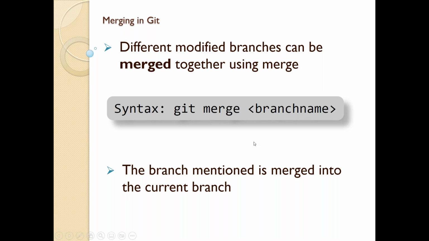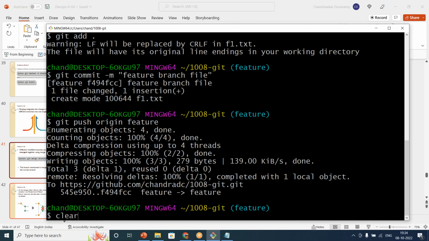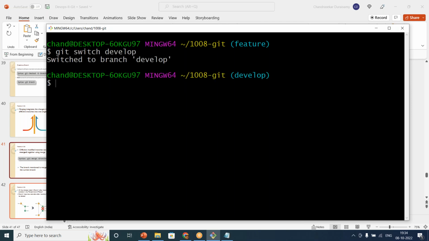So what I'm going to do is first merge feature into development. Okay, let's do it one by one. So I have to come out of this one and switch to develop. I cannot be inside a branch and try to merge it into some other branch.